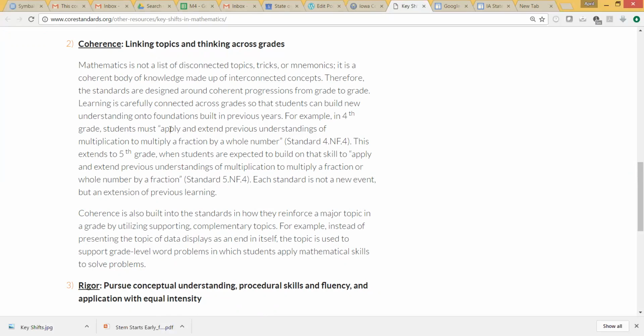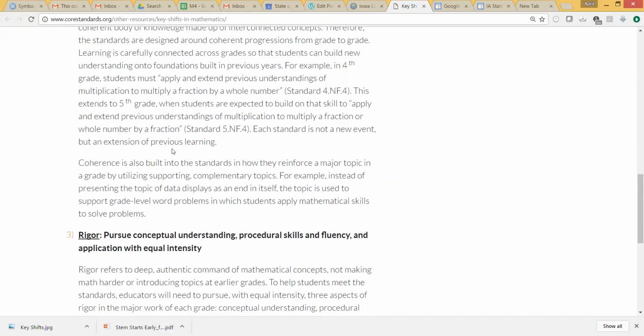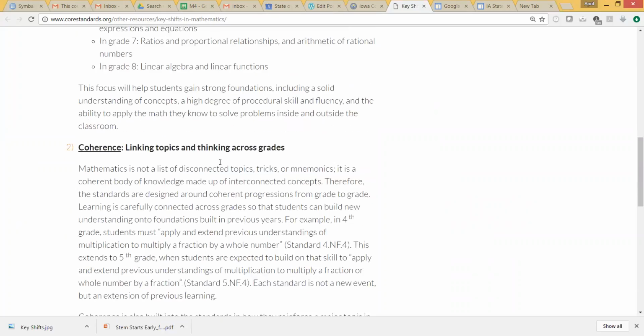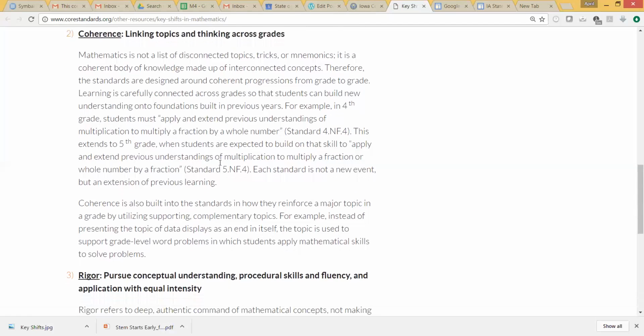So instead of teaching them a trick or a mnemonic, just teach them the math, because then that's only one thing. It's less for them to learn. Also, the coherence goes back up to the major topics here, the major work for each grade. So that's an emphasis on how those connect across the grades.